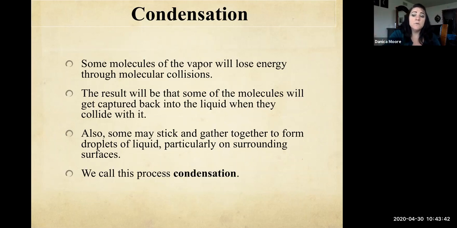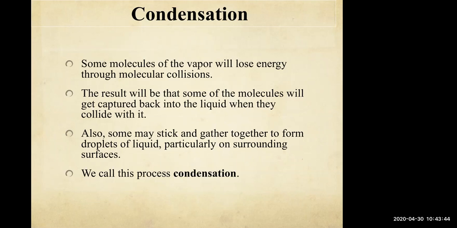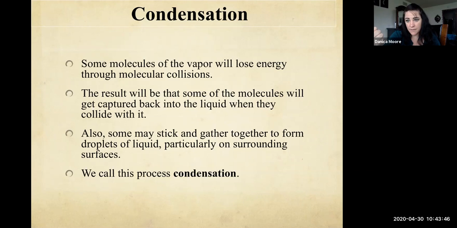It's always an equilibrium between condensation and evaporation, right? Whichever one is winning that battle, as it were, is the net change that we see, right? So does that kind of make sense? Cool. So they're opposite processes.